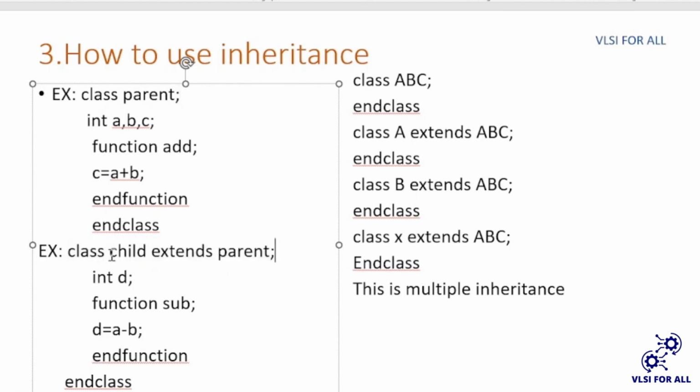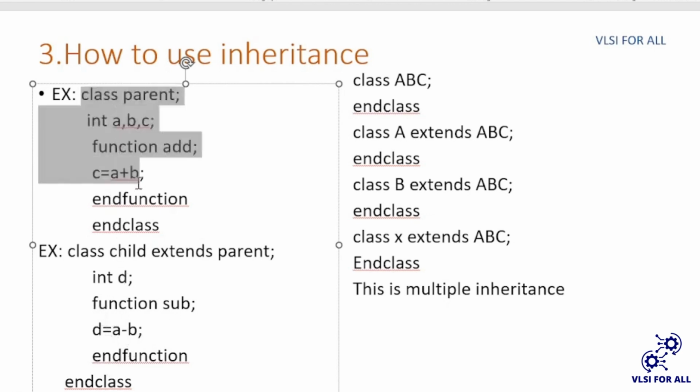Okay, so this is the syntax for an inheritance class. The name could be anything, but the syntax is like this, and you have to use the extend keyword. Then I declared one more property D, and then I declared subtraction here.